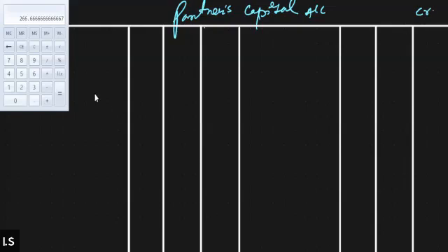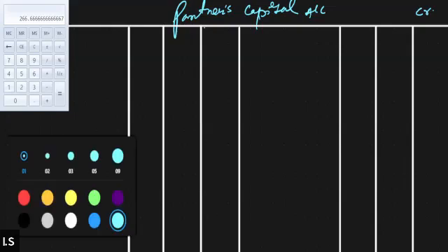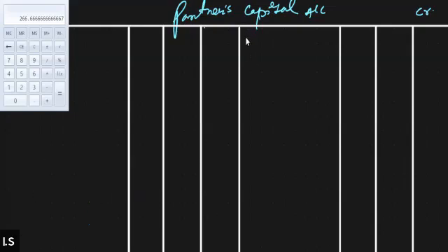First of all, in the partners capital account, we will write down the opening capital balances of the partners. So we'll write down by, this is obviously X, Y, and Z's account.